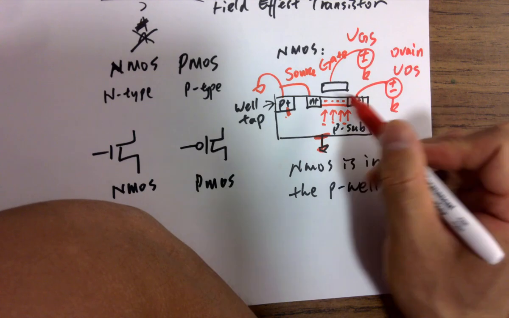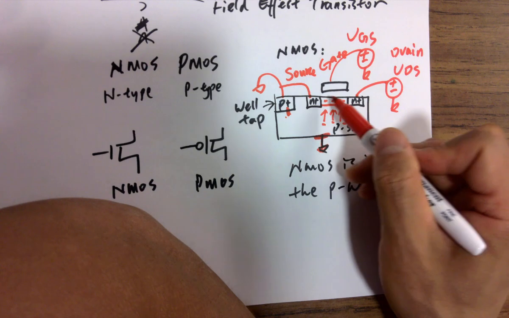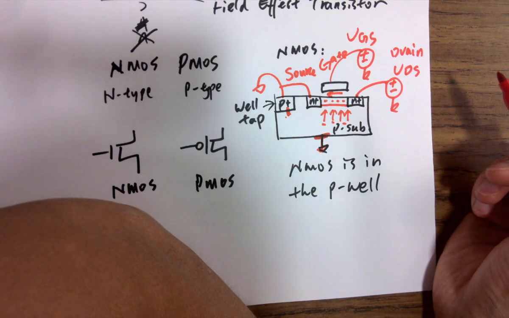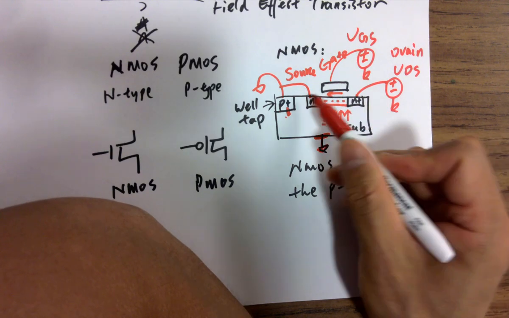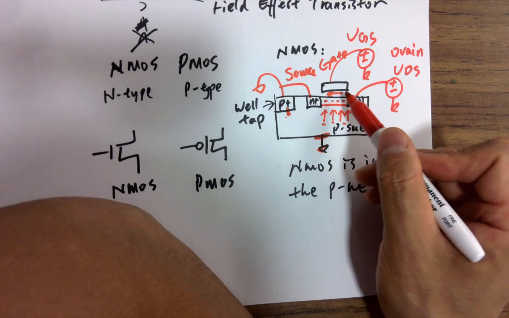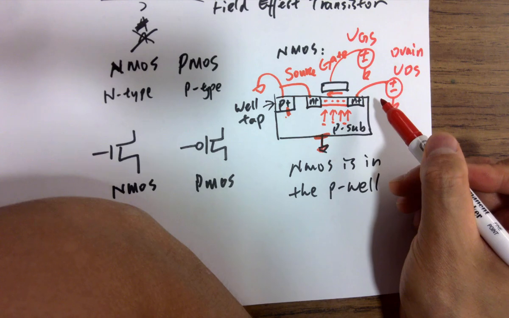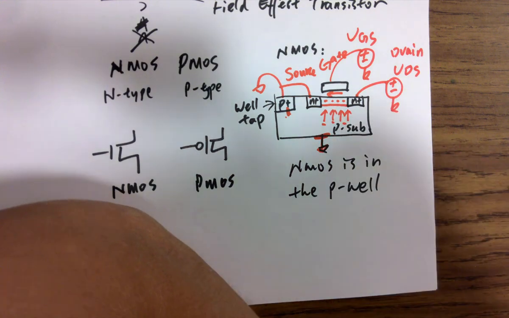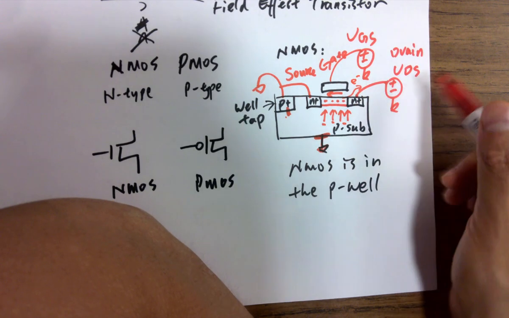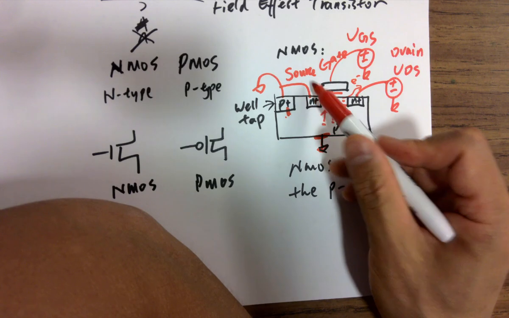This terminal is called the drain, and this terminal is called the source. You're adding a voltage drop between the two terminals, so it's going to run current that way. It's a directional voltage drop, so the current runs that way. However, we all know that if the current goes that way, physically the electrons are going the opposite way. The electrons are being drained in this direction. That's why it's called the drain. And it seems like this is the source of the electrons. That's why it's called the source.